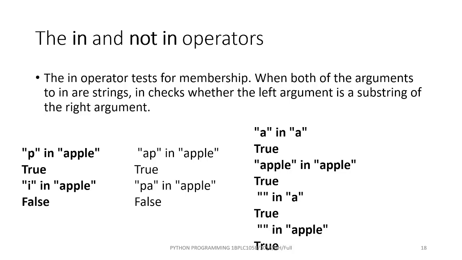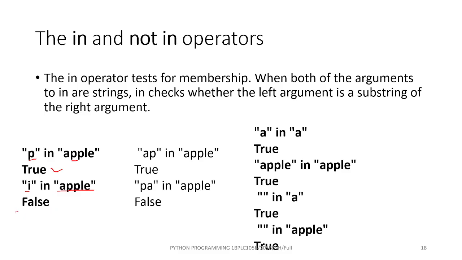In some cases, we need to see whether a character is there or not, a string is there or not, a substring is there or not. For that, the in and not in operators can be used. Is P there in apple? Yes, it is there, so true. It looks at all the characters from the beginning till the end.